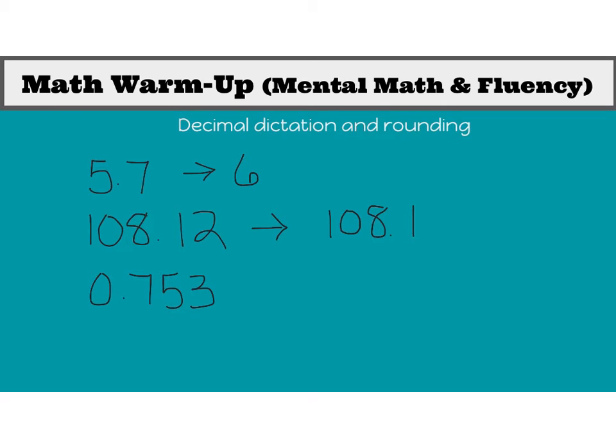And now what I'd like you to do is round that decimal to the nearest hundredth. Pause your video. Okay, so we would have 0.75. How'd you do? Great job.